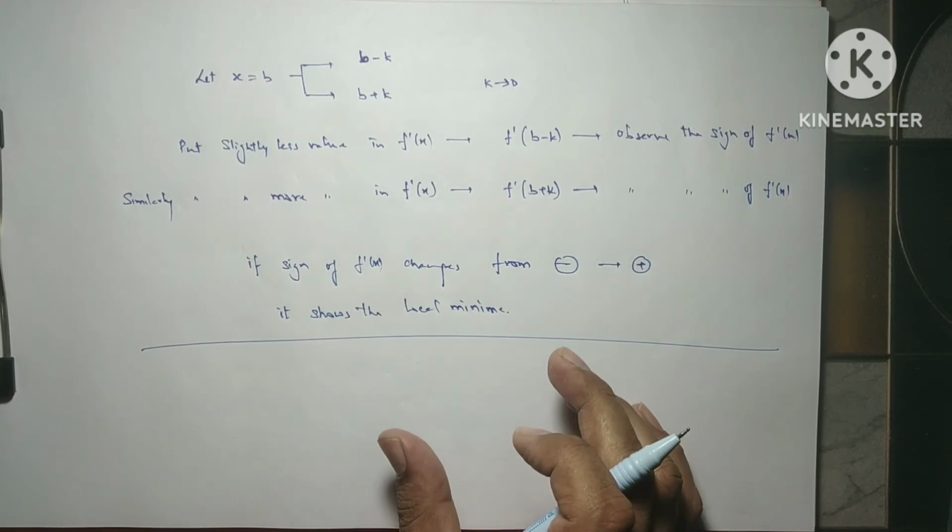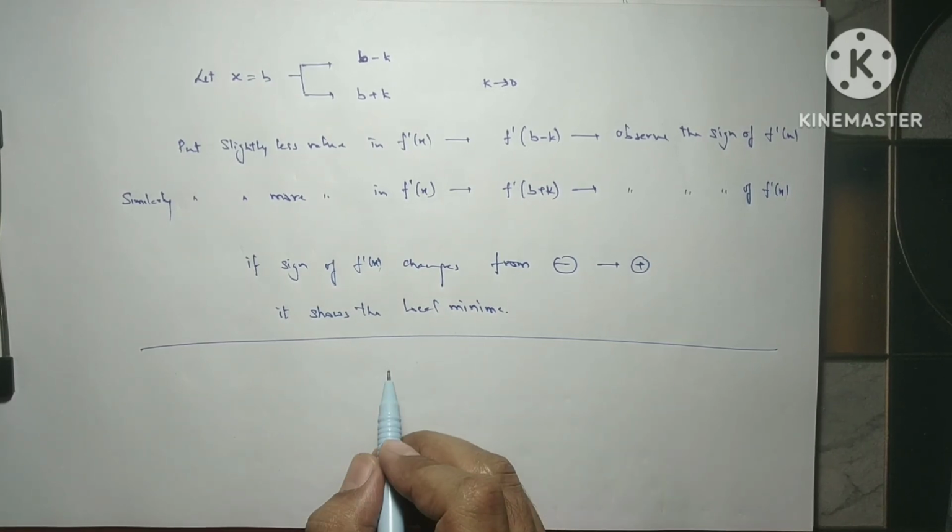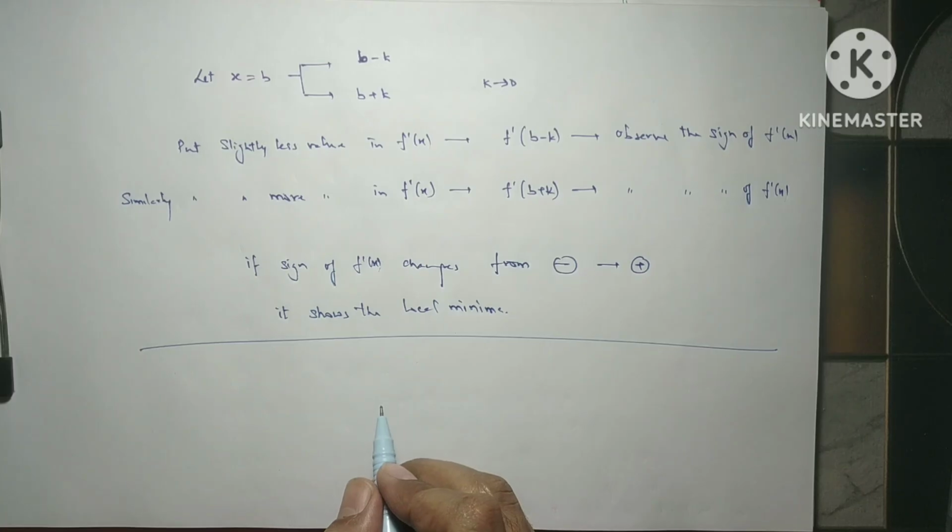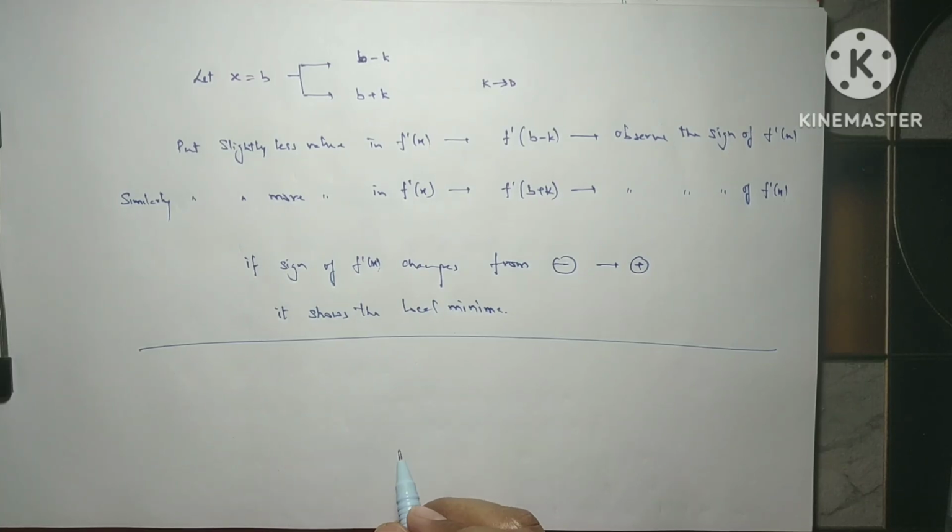It's very simple. First we collect f dash x, then we put f dash x equals 0 and get the values of x, and put values slightly less and slightly more than these in f dash x, and we observe the sign of f dash x.